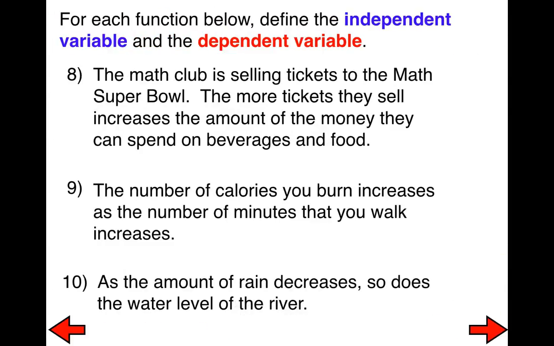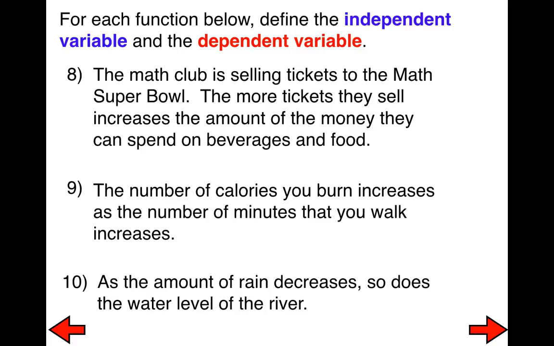Okay, so now let's talk about independent and dependent variables. So for each function below, define the independent variable and the dependent variable. So for number 8, it says the math club is selling tickets to the math Super Bowl. The more tickets they sell increases the amount of money they can spend on beverages and food. So what depends on the other?